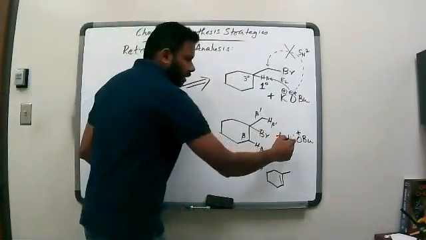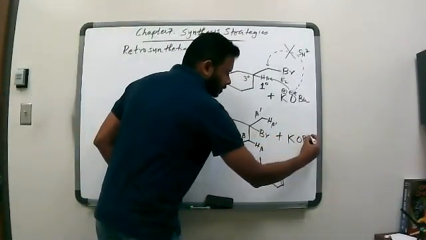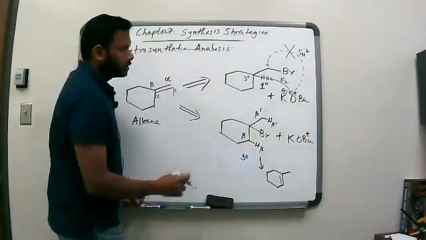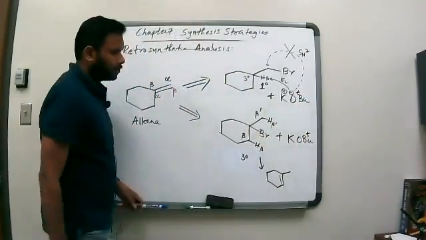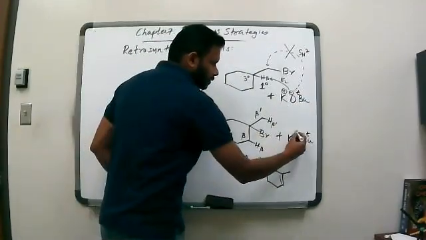So when we use potassium t-butoxide now, sorry, I'm putting the t at the wrong place, or at least it looks like it's at the wrong place. It's next to the B, okay? So t-butoxide.